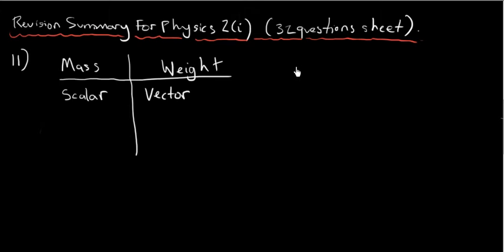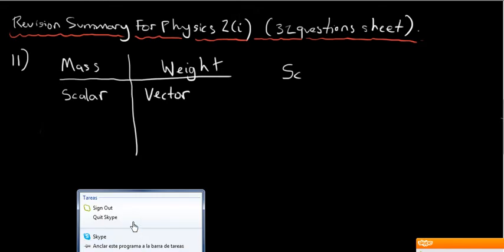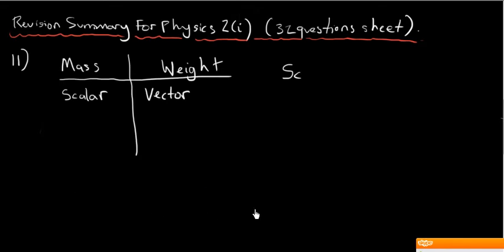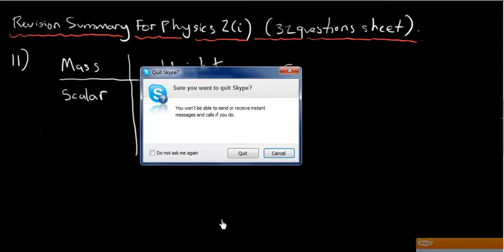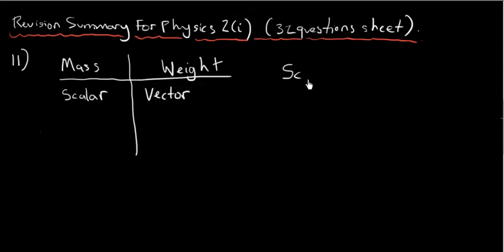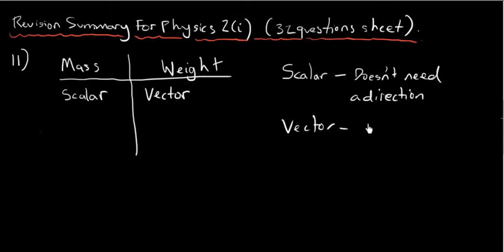Just to refresh your memory, a scalar doesn't need a direction, but a vector needs a direction.